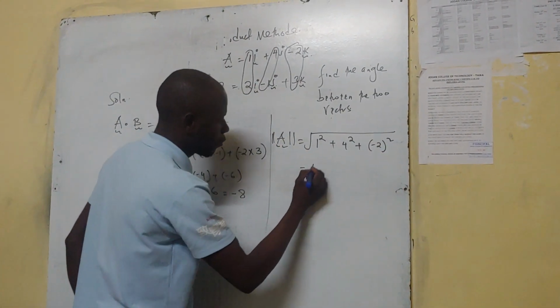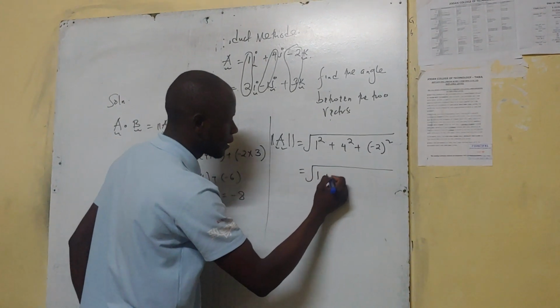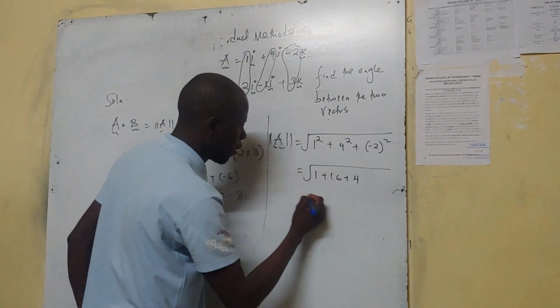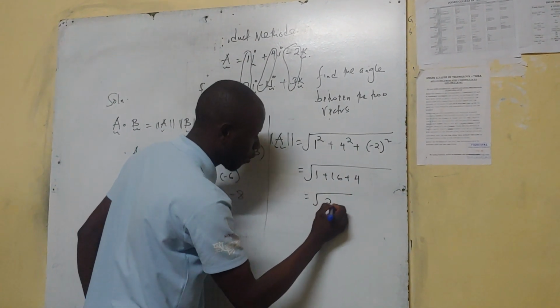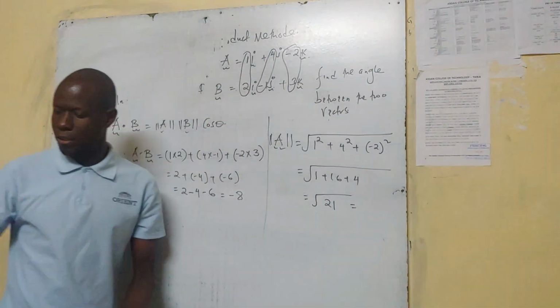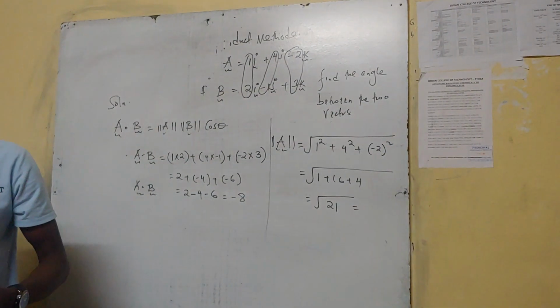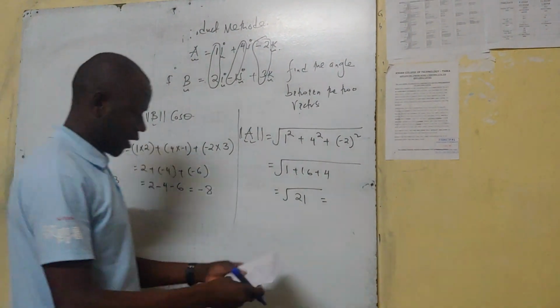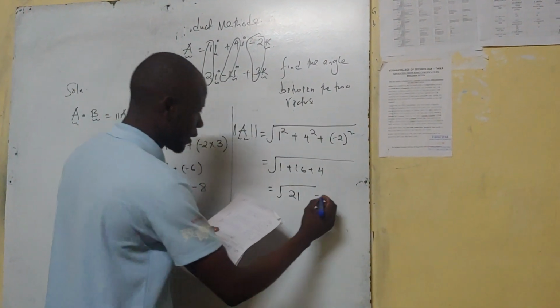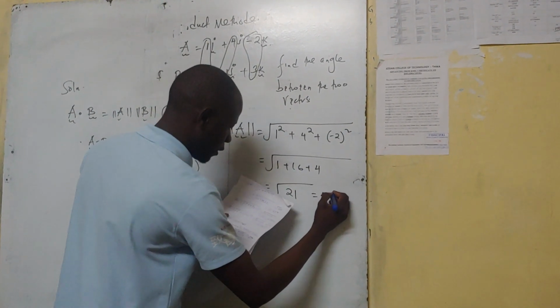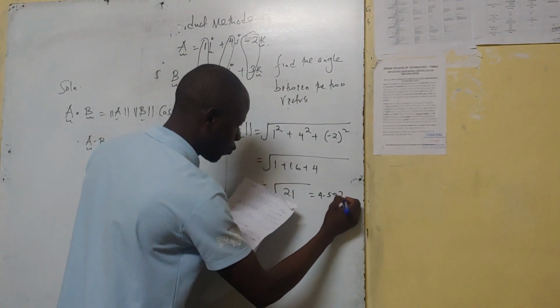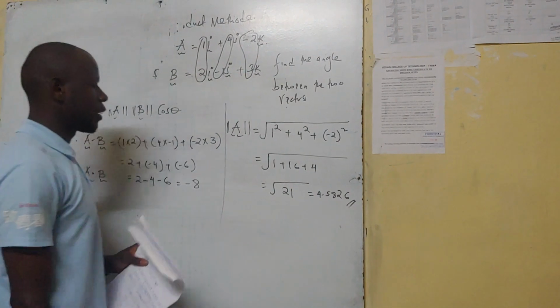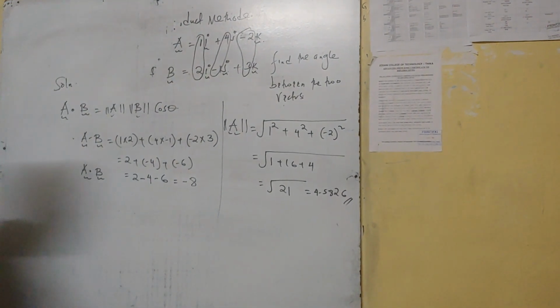This will give you square root of 1 plus 16 plus 4, which is square root of 21, which to 4 decimal places is 4.5826. So that is going to give us A magnitude.